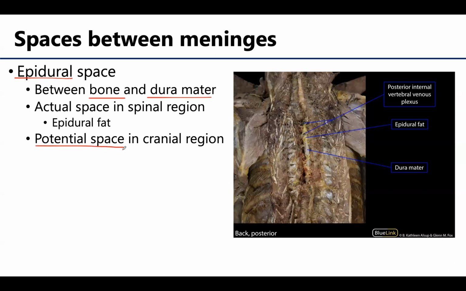You can have, say, blood enter the region with, like, an epidural hematoma, but that is not naturally occurring. But in the spinal region, this is an actual space. So there is space between the bone and the spinal dura mater, and this space is typically filled with epidural fat and lots of venous plexuses. So you can see that the bone's been removed in order to see the epidural space. So here's dura, and you can see all that yellow there. That's going to be the epidural fat.